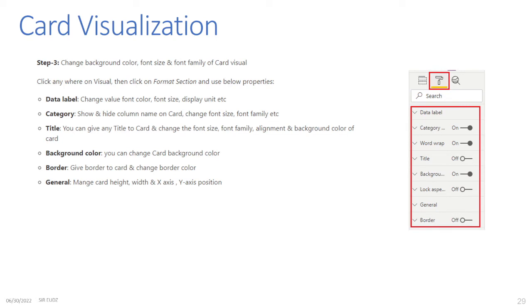Background color: you can change the card background color. Border: give a border to the card and change the border color. General: manage card height, width, and x-axis, y-axis position.